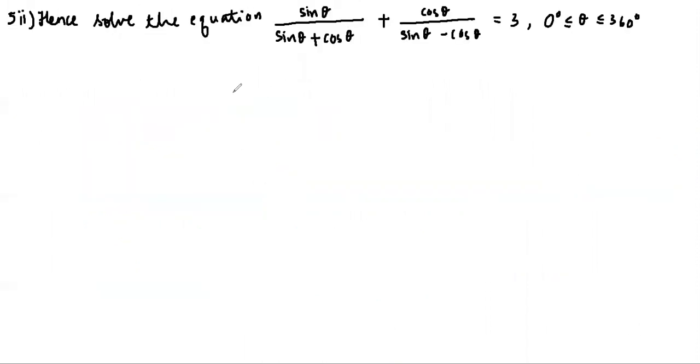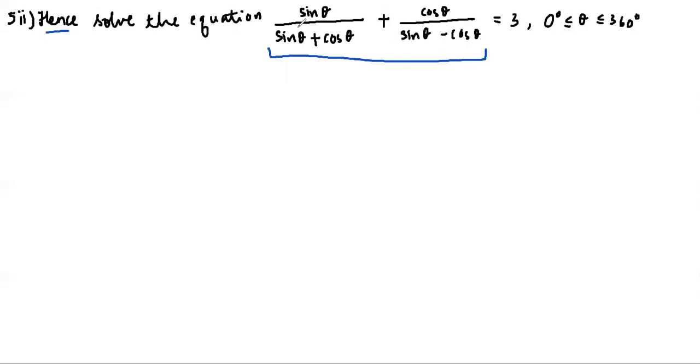Question 5, part 2: hence solve this equation. Now you look at the left side of this equation for theta in between 0 and 360 degrees. When you see the word hence, it means you need to use the result from the first part.